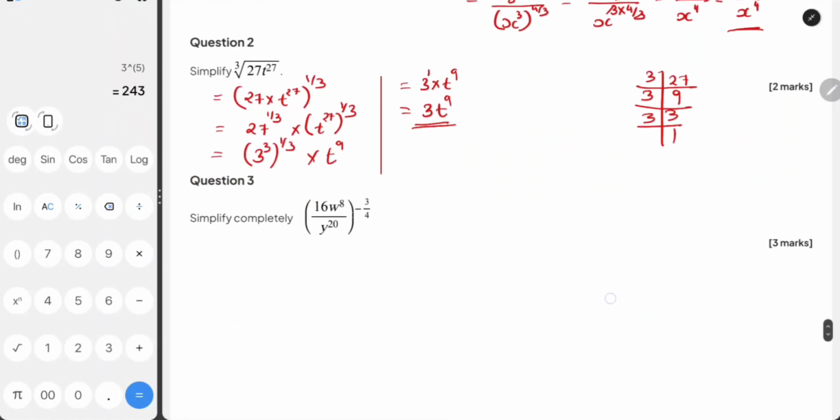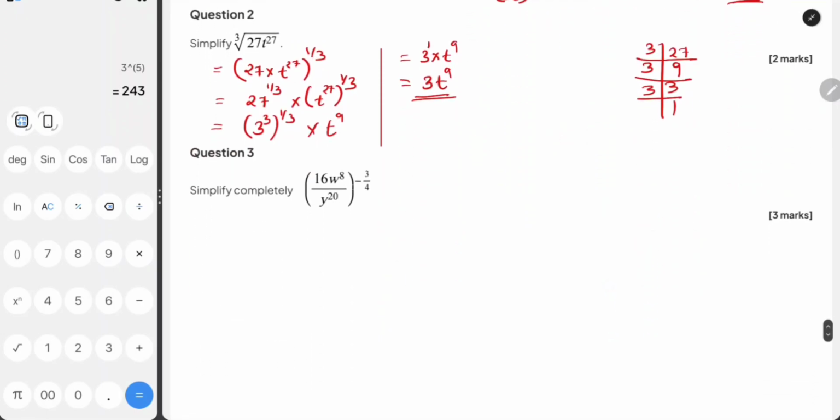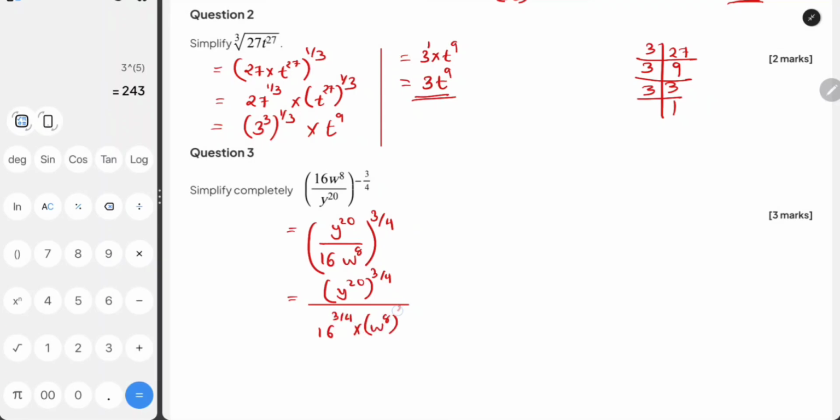Clear? Third question. If the power is negative, to make it positive, first you do the reciprocal of the base. So that is y raised to 20 upon 16 w raised to 8, whole to the power positive 3 by 4. Now we'll give them separate powers. So that is y raised to 20 power 3 by 4 upon 16 power 3 by 4 into w raised to 8 power 3 by 4.